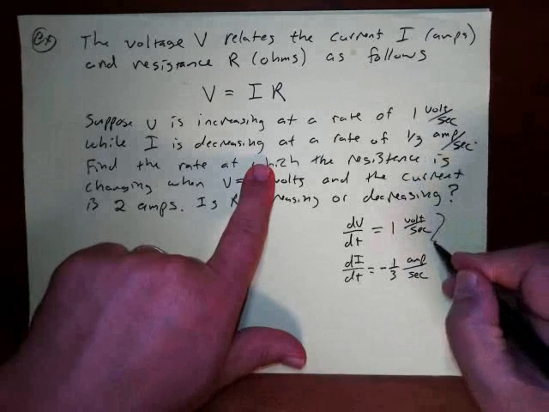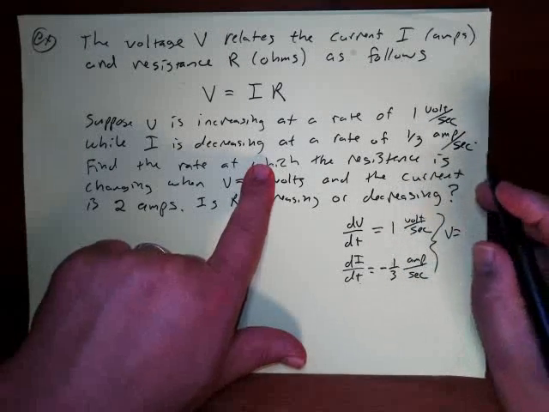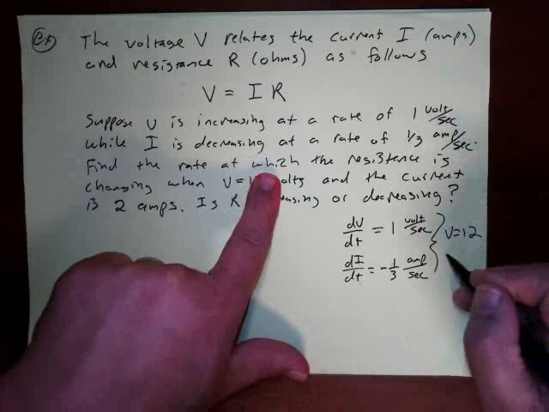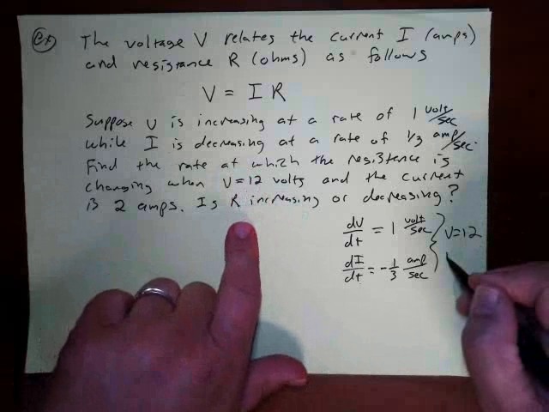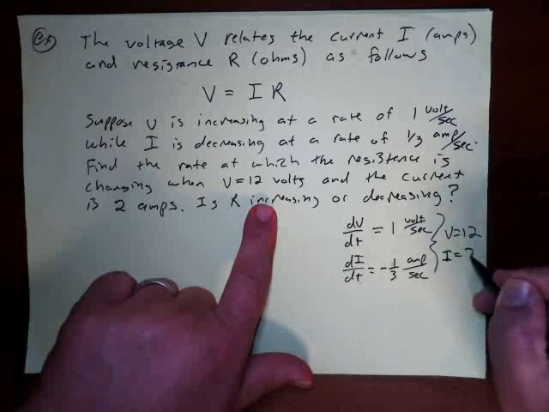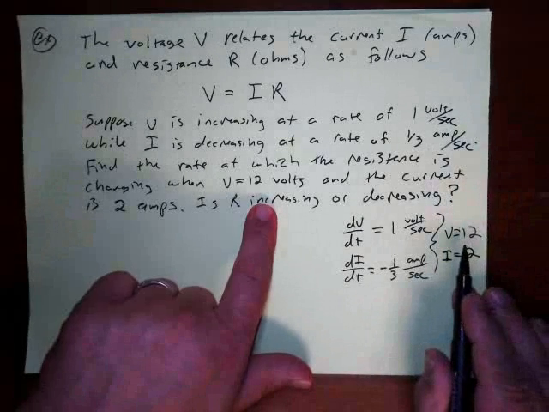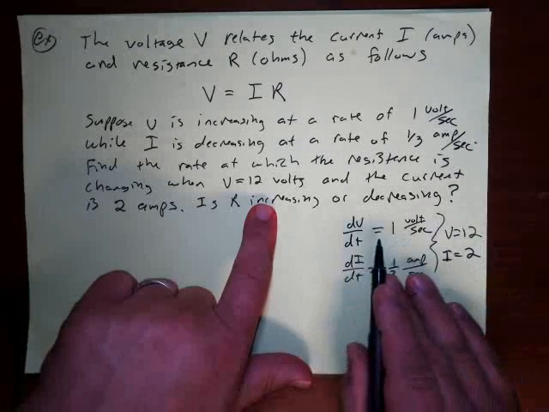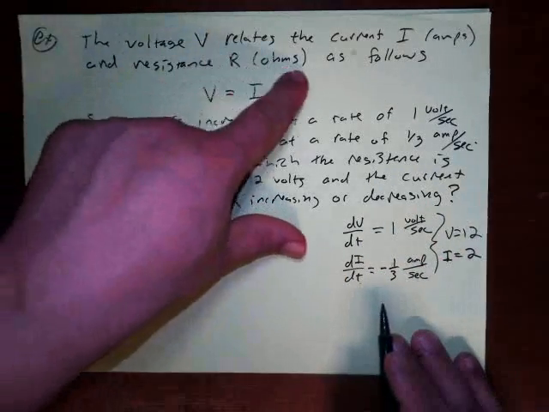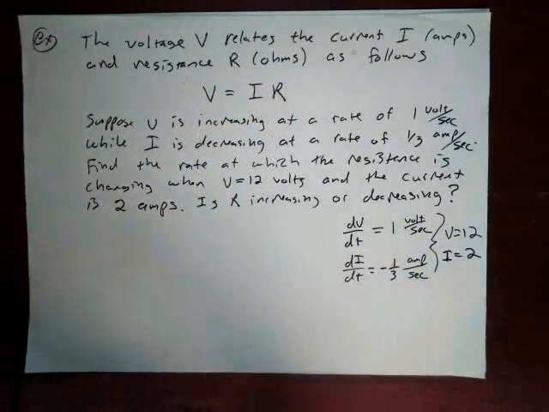Okay, and then all of this is when V is 12 volts and I is 2 amps. So when V is 12, I is 2, these 2 rates are given here, and then I'm given this equation that relates them all together.